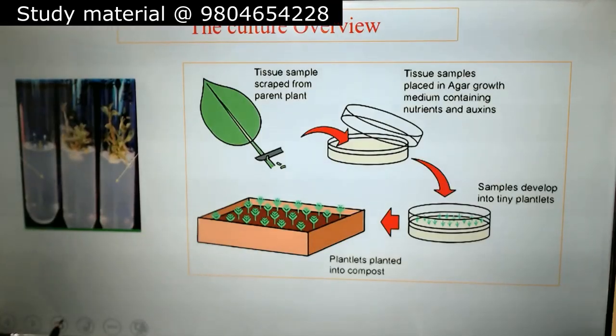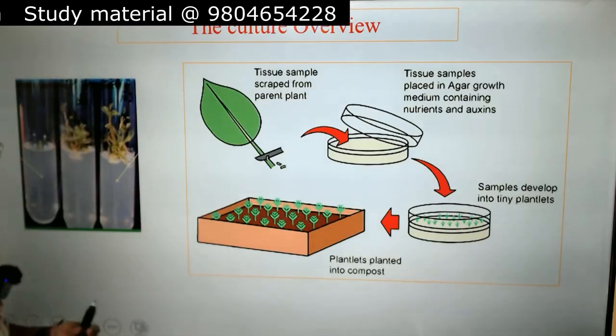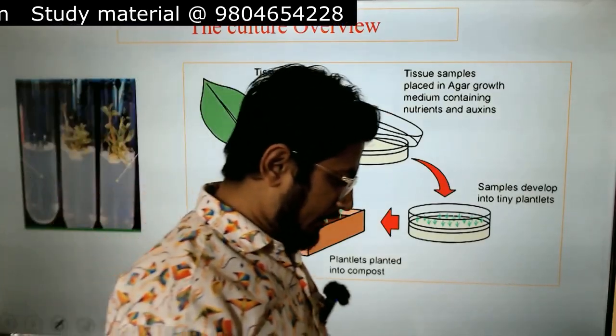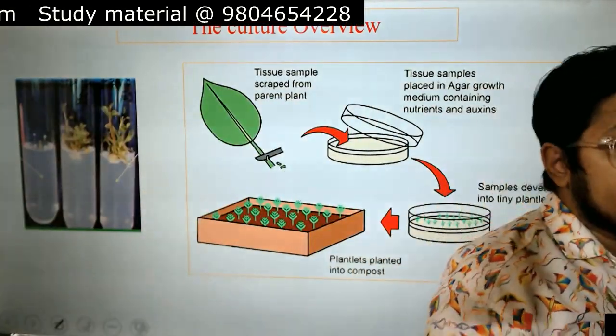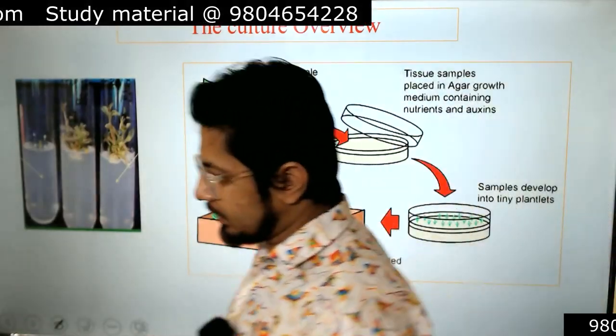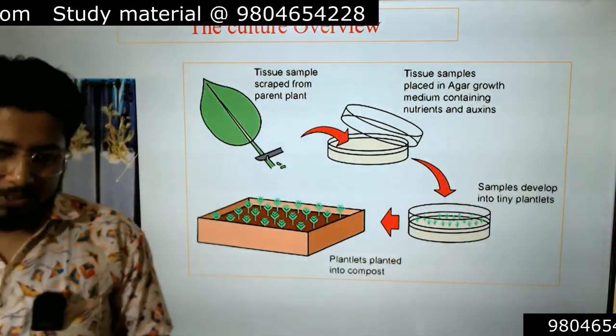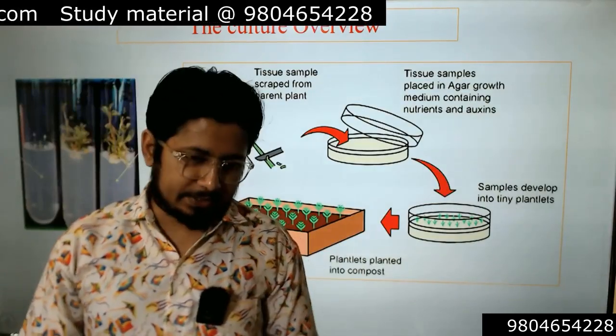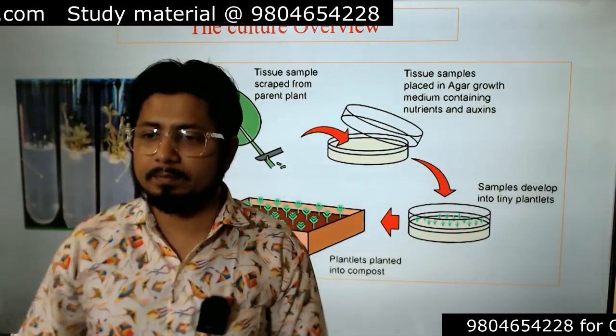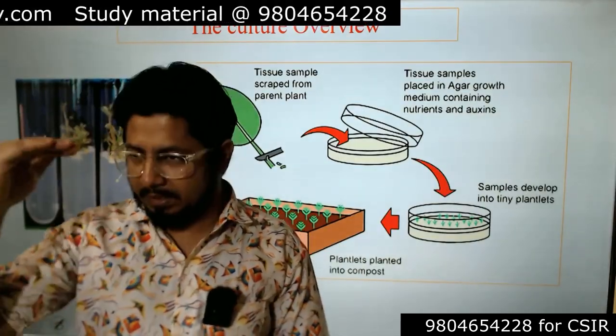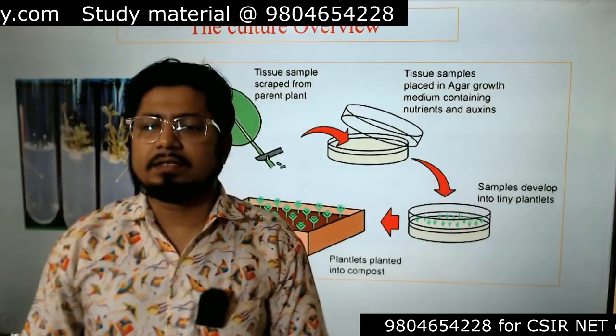So when you talk about the plant tissue culture, we want to understand first of all what is tissue culture. The plant tissue are totipotent in nature. The meristematic tissues of the plant, which are the growing part of the plant cell, the apical part of the plant cell, they continue to grow.